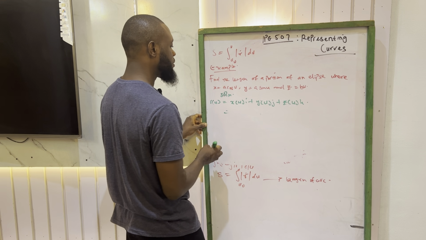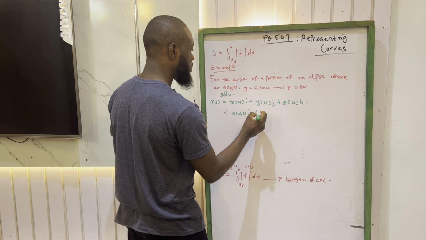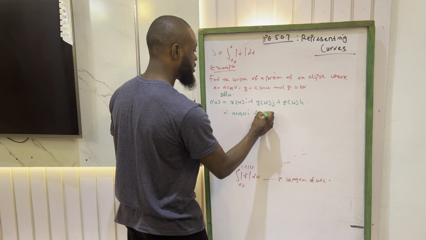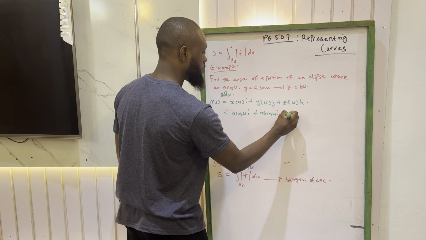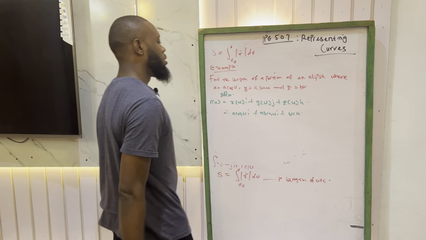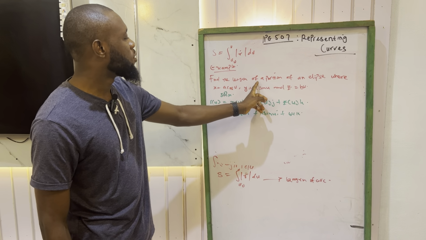So we have a cos u i plus a sin u j plus b u k.